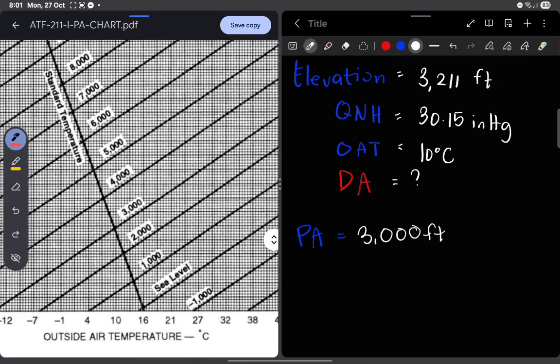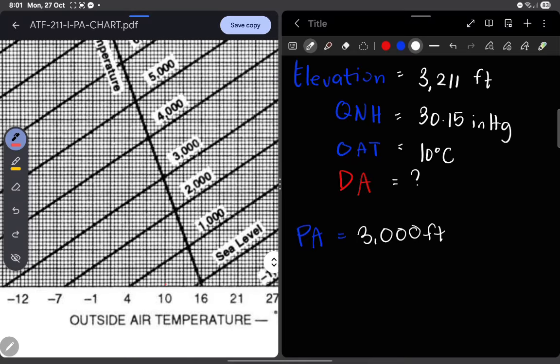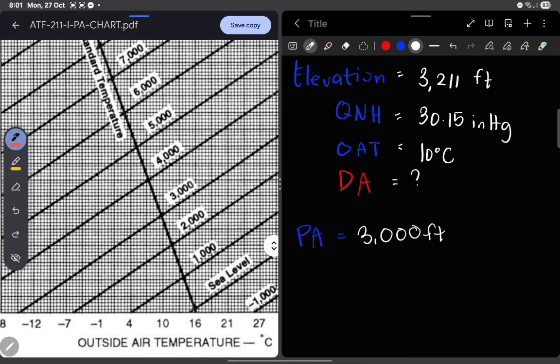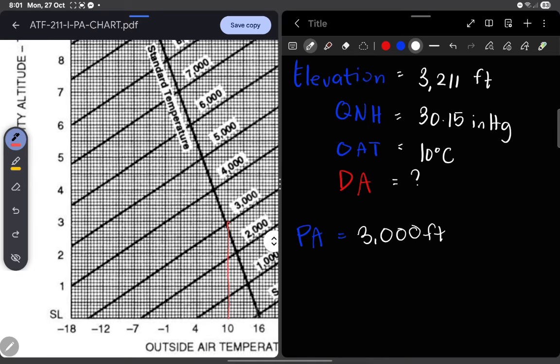Okay, so now this is when we use the chart. Take a look at our temperature, 10 degrees Celsius. So 10 degrees, and then this is our pressure altitude. We go from 10 all the way up to our pressure altitude. Since we stopped there, we then go to the left.